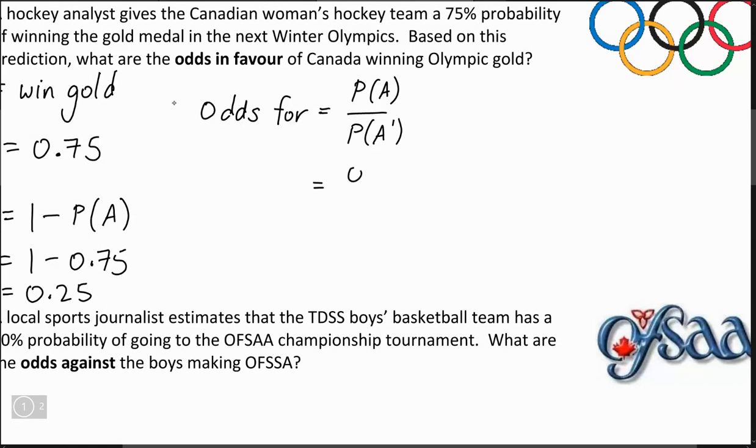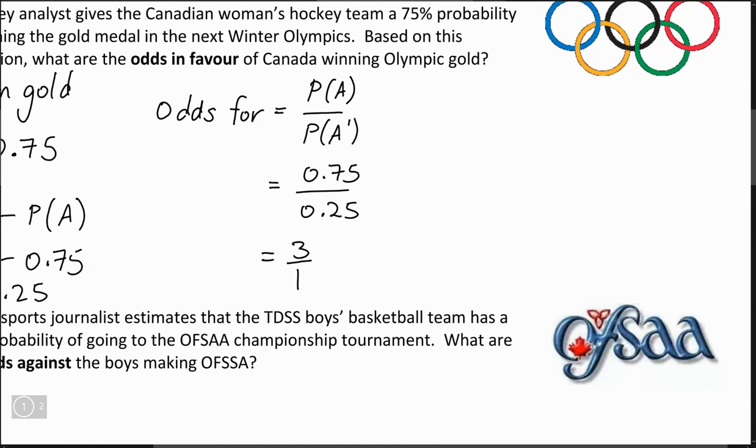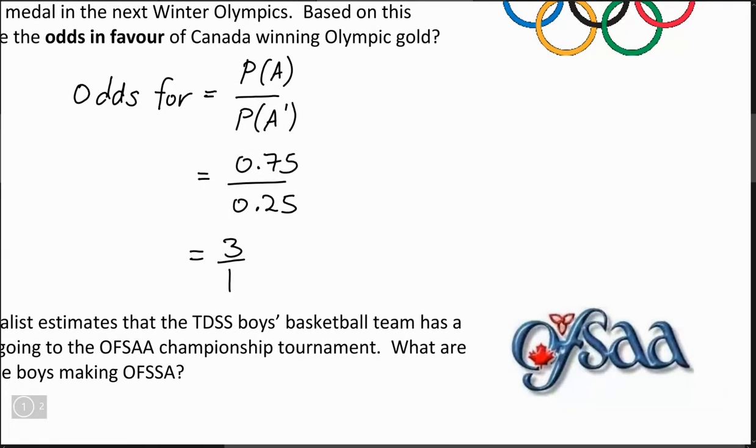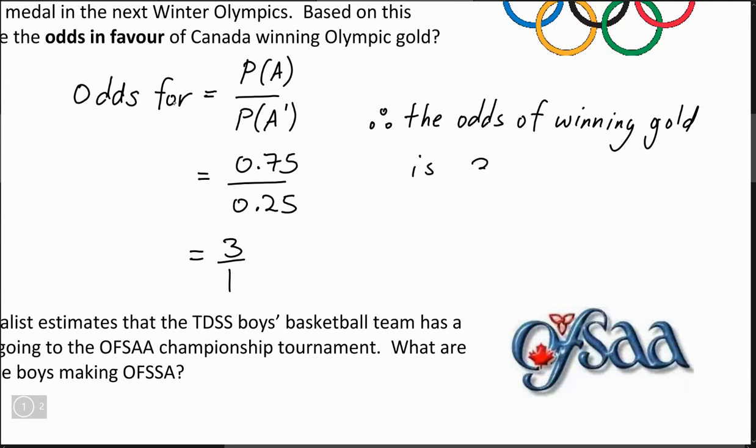And that is going to be 0.75 divided by 0.25, which written as a fraction would be 3 over 1. Okay. So I write it as a fraction instead of saying 3, I write 3 over 1, because if I turn this fraction into a ratio, I can get my odds. So therefore, I would say here, the odds of winning a gold is 3 to 1, like so.